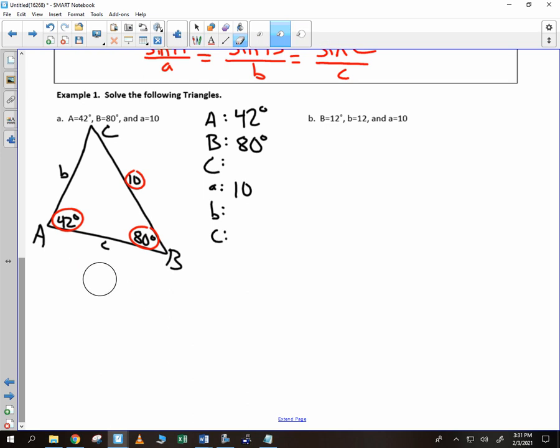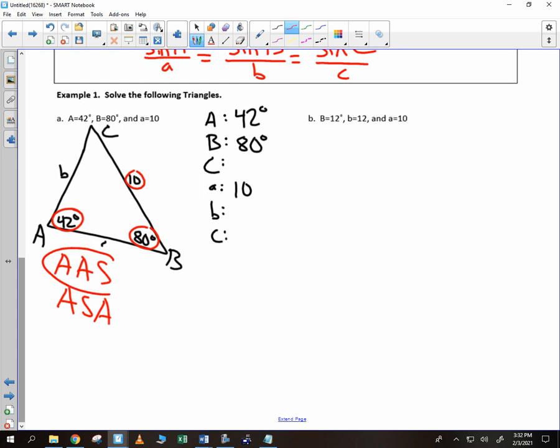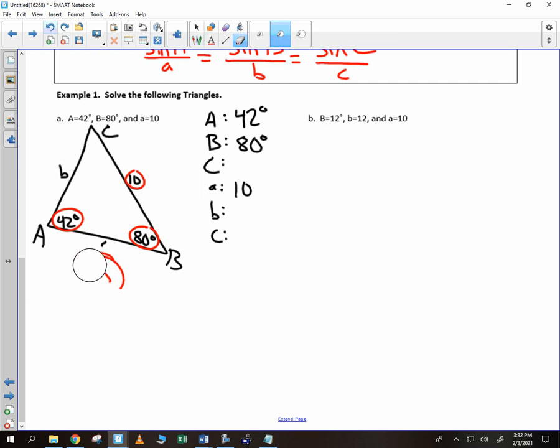This is a point of confusion, but suppose that you were given C, then it would be angle side angle because you would have the side included between there. But there's a difference between angle angle side and angle side angle. You have this one because the side does not sit between those two. Okay? So angle angle side. And if you remember from geometry, that's a congruence theorem.